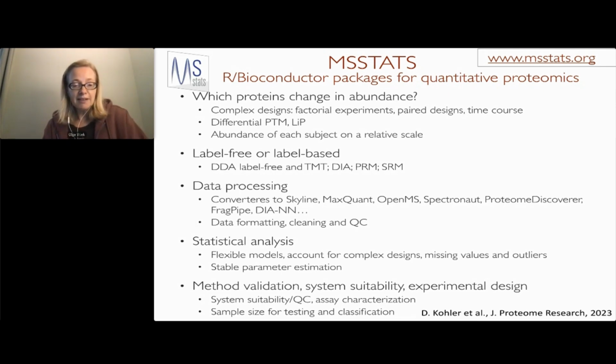We are trying to be as equal opportunity collaborators as possible. We collaborate with the majority of open source and also commercial tools developed for this purpose, such as Proteome Discoverer and Spectronaut as far as commercial tools, and also open source and open access tools such as Skyline, MaxQuant, FragPipe, DIA-NN, etc.